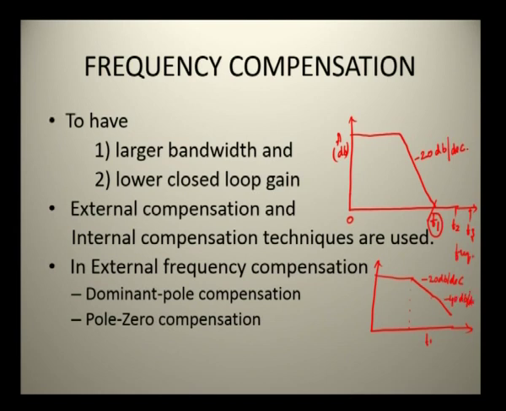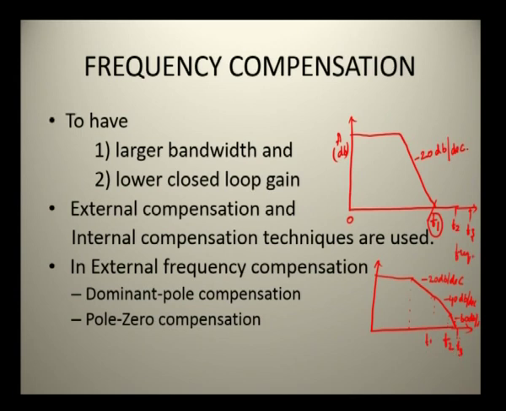So, it is totally minus 40, and this is at F2, and again it decreases minus 60 dB per decade at F3. So, these are the frequencies produced by the internal capacitance effect.